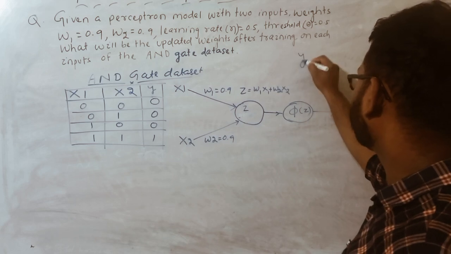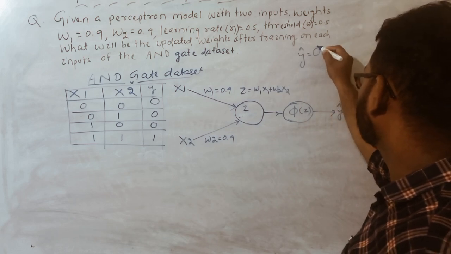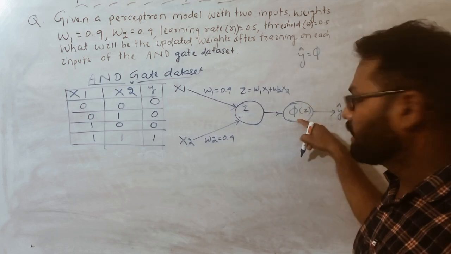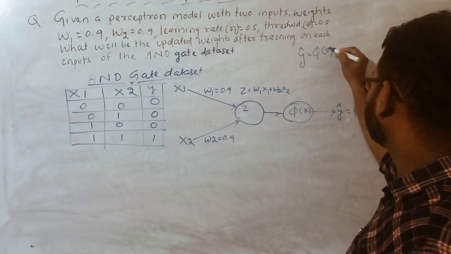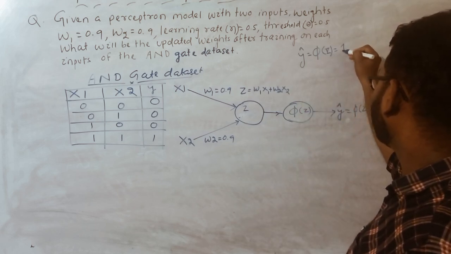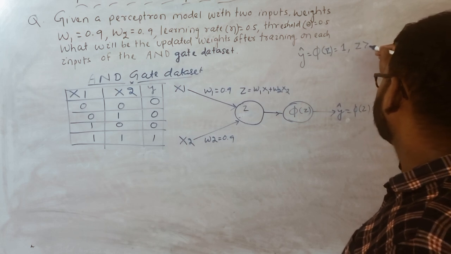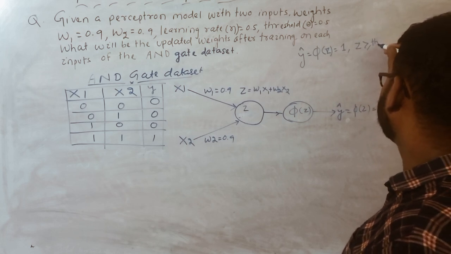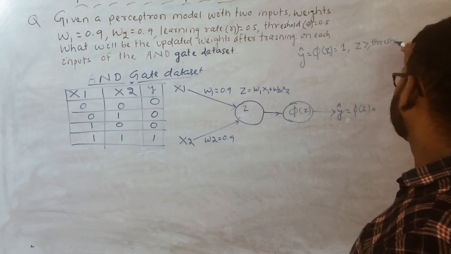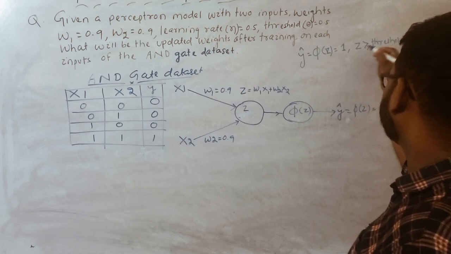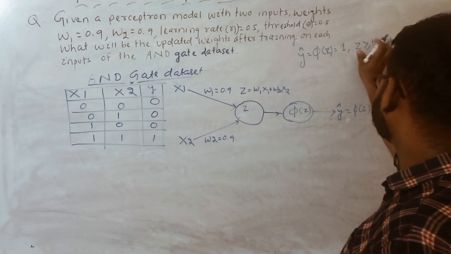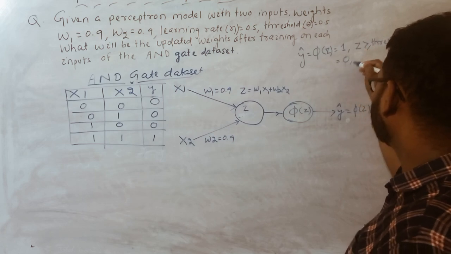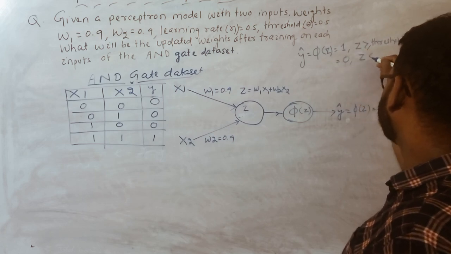It decides the output like this: it is going to be 1 if my z value is greater than or equal to the threshold, and it is going to be 0 if the z value is less than the threshold.